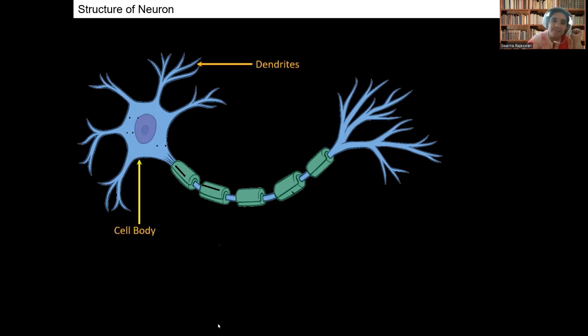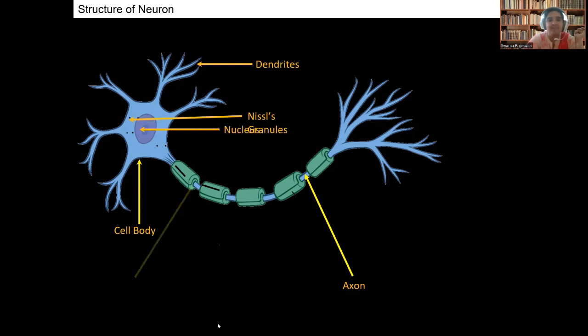This is the cell body, which is also called cyton. The gaps in the myelin sheath are called nodes of Ranvier, and this is the axon. These are the Nissl's granules present in the cytoplasm, and this is the nucleus, which also contains a nucleolus.